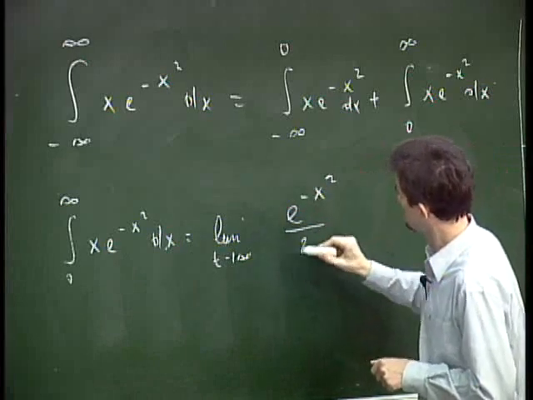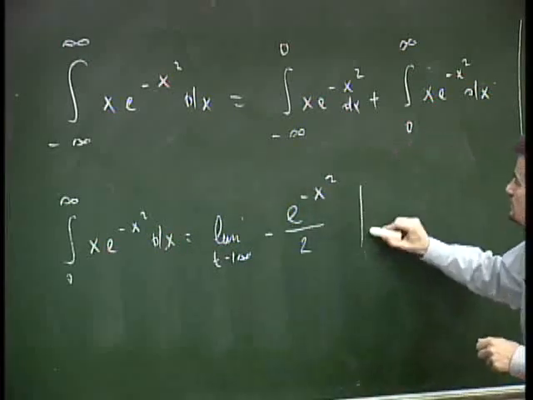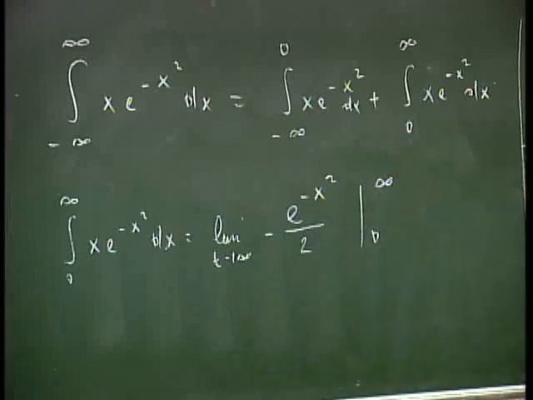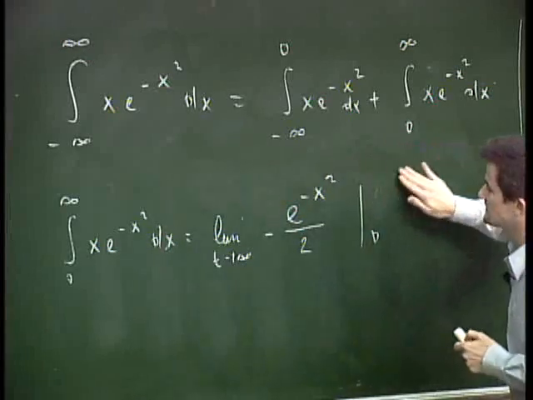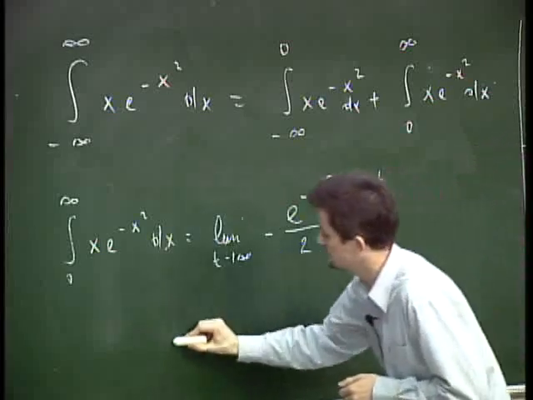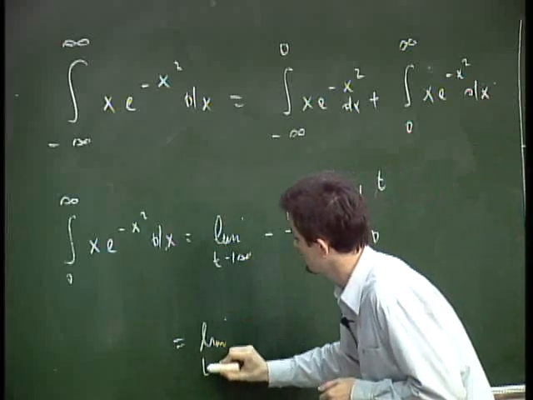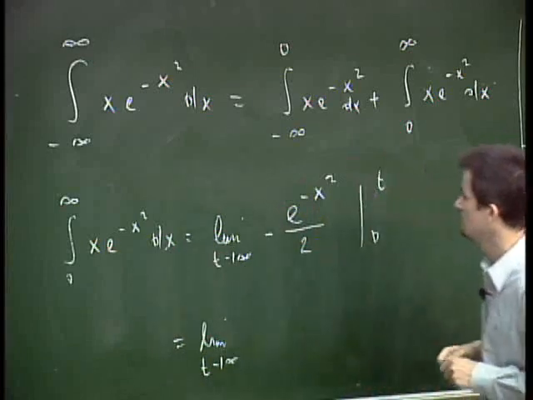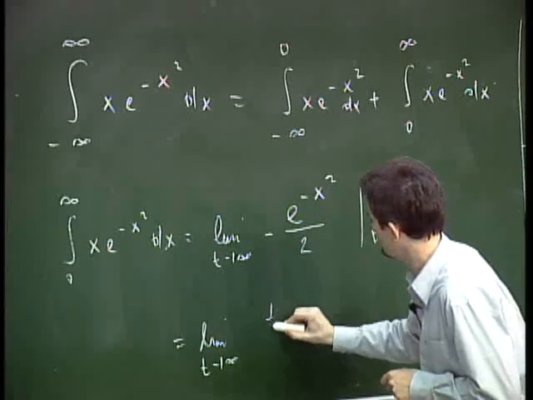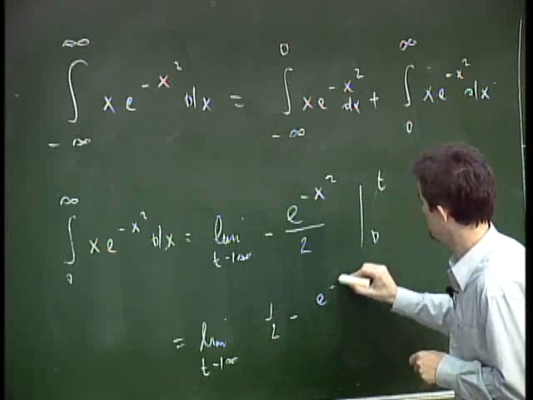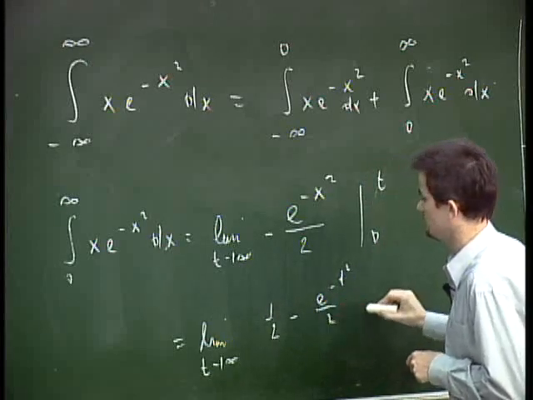Sorry, I shouldn't write it like this, I should write here up to t. So this is the limit as t tends to infinity of 1/2 minus e to the minus t squared over 2.